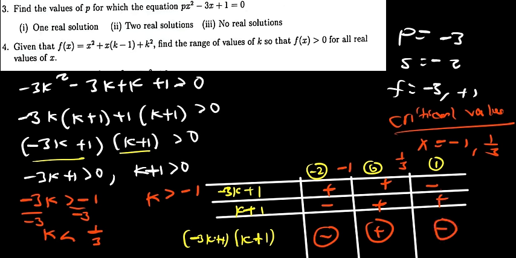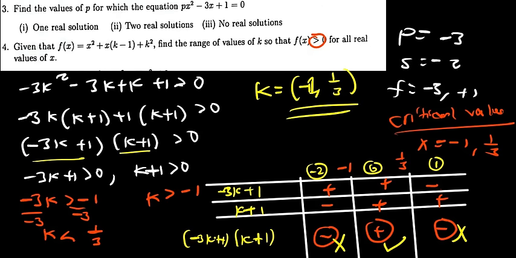Now we check the original sign, which is greater than. You get the part giving you positive. This no, this no, this yes. So the values of k in this case are from negative 1 all the way to 1 over 3, negative 1 not included.